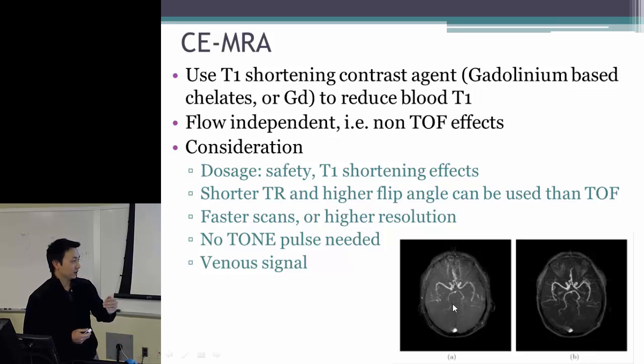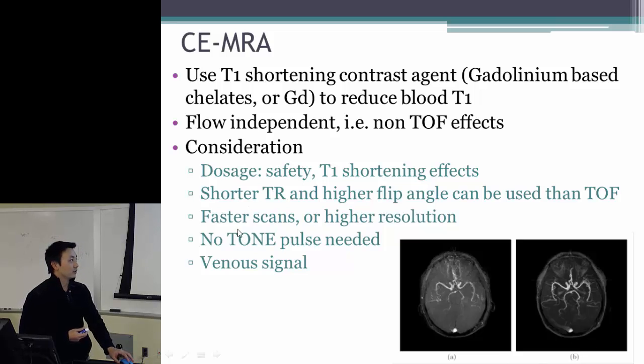When the blood flows into the smaller branches, it experiences more pulses and becomes more saturated, and also the blood flow is slower when the vessel becomes smaller. But this is the contrast-enhanced MRA. We can see that it now shows more details of the smaller branches of the arteries here.